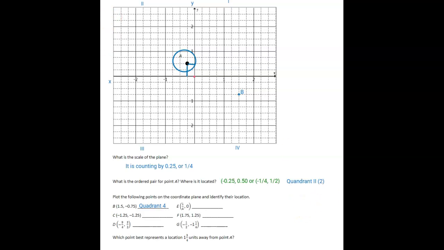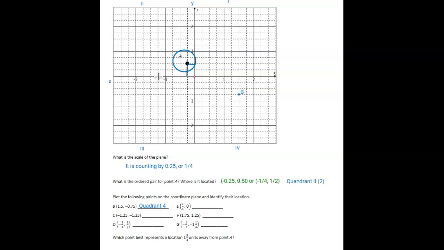Now, I'm going to choose a different color, and now we are going to plot point C. We always start at 0, 0. Our x value is negative 1 and 25 hundredths. So if it's negative, we're going to the left of 0. We're going to go past 1, and we're going to stop at 1 and 25 hundredths. So that is 1 and then one of the dotted grid lines.